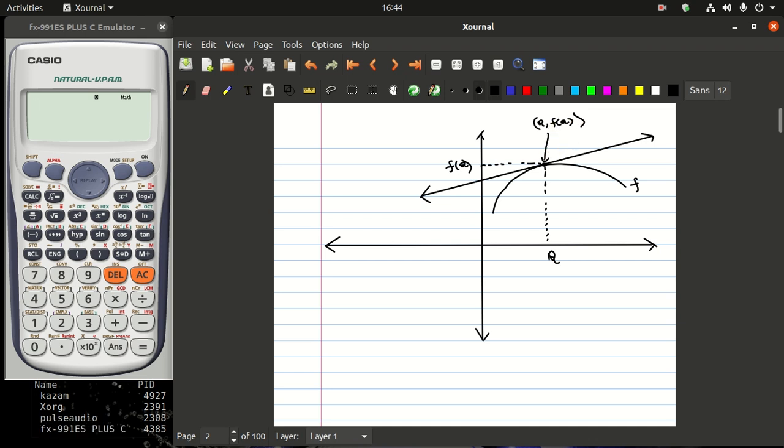Now, how can I actually find the slope of this line here? We can find it by picking some point here, which I'm going to call some value. And I'm going to pick another point somewhere there, such that the difference between these two points, between this point up to a and this point up to there, I'm going to call delta x.